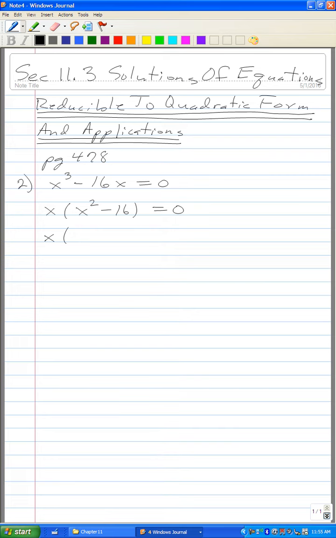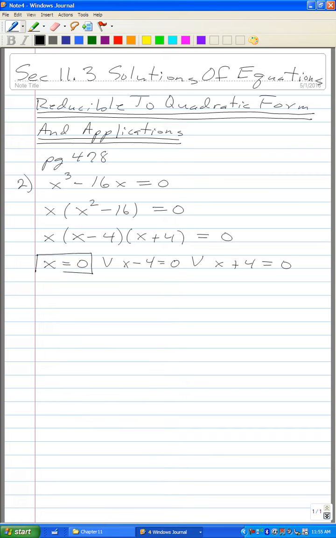So by the special product formula, this is the product of the sum and difference of two terms, x minus 4, x plus 4. So now I've written this as a product of terms, and so I can set each factor equal to 0 and solve for x.